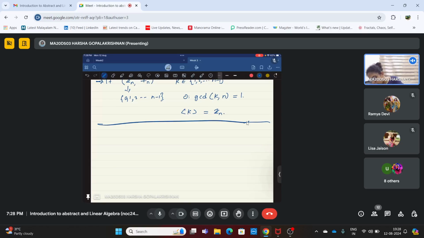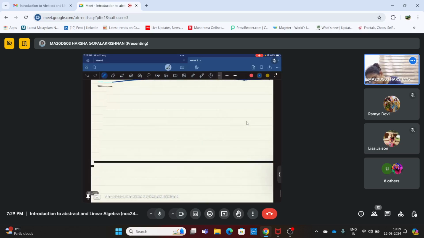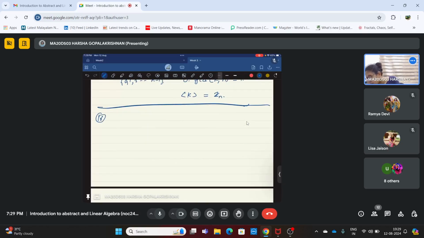Next we will do one simple question. The question is, find the cyclic subgroup of Z30 generated by 25.